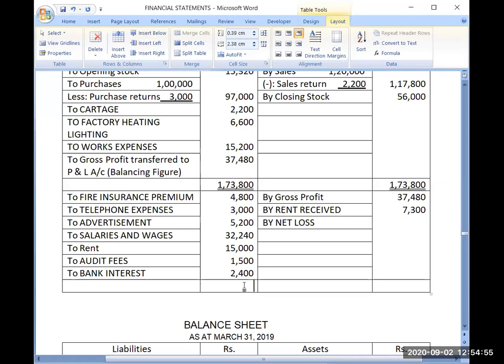So first I will do total here this time. This will be the total.